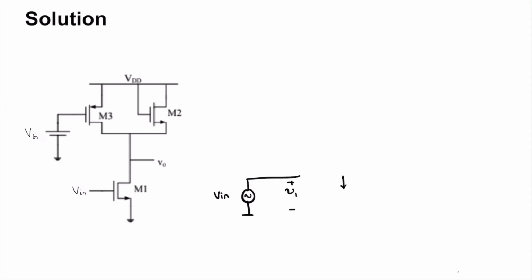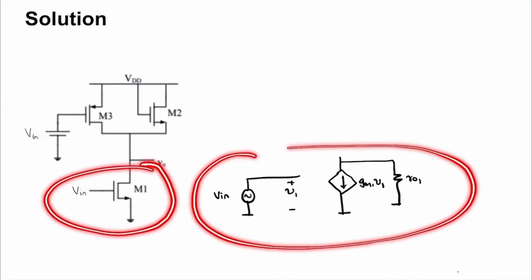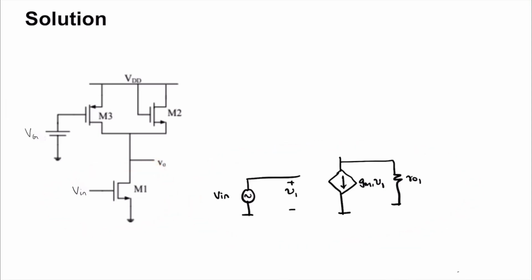M1 has the equivalent as gm1 V1 in parallel with ro1. This has this as its small signal equivalent. This is now Vout.